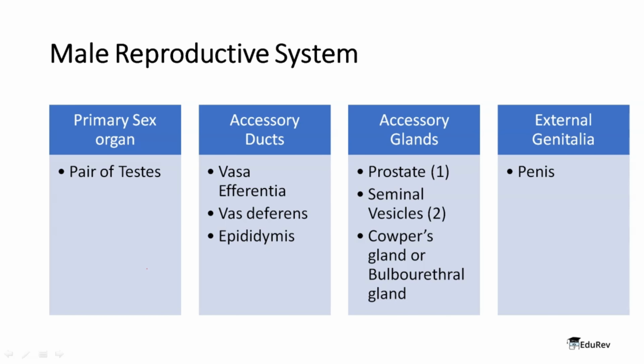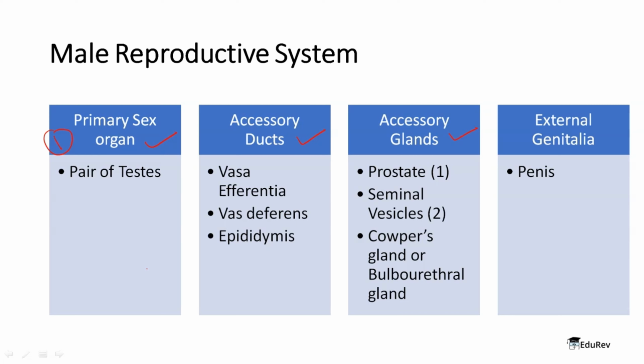Let's study the male reproductive system and the organs responsible for formation of gametes. When we study any reproductive system, we must know what organs or parts it constitutes. In every reproductive system, we have some primary organs, some accessory ducts, and some accessory glands. First, we are going to study the primary sex organs.